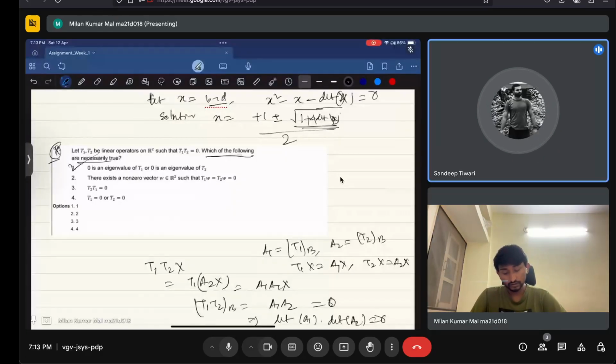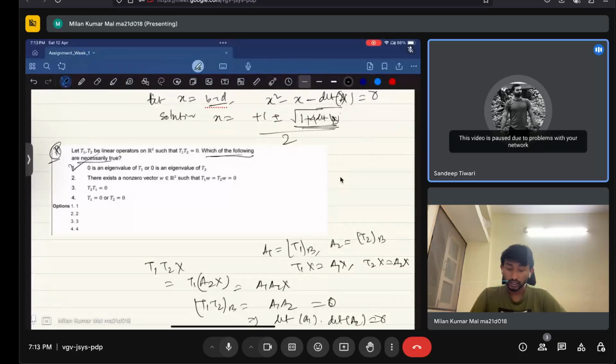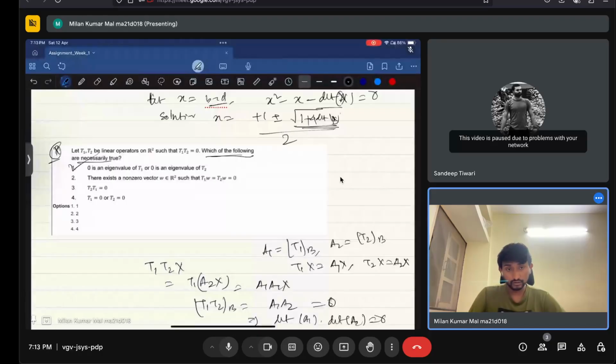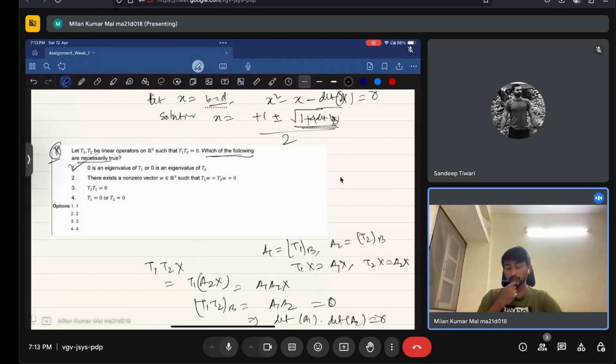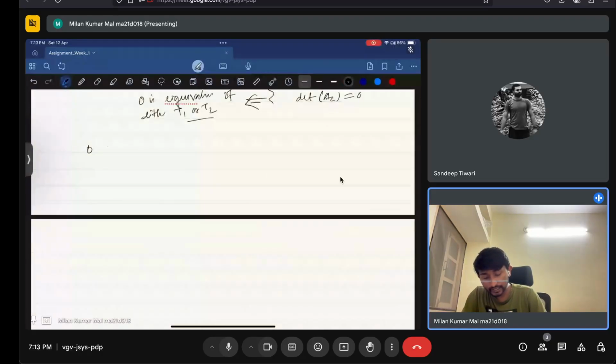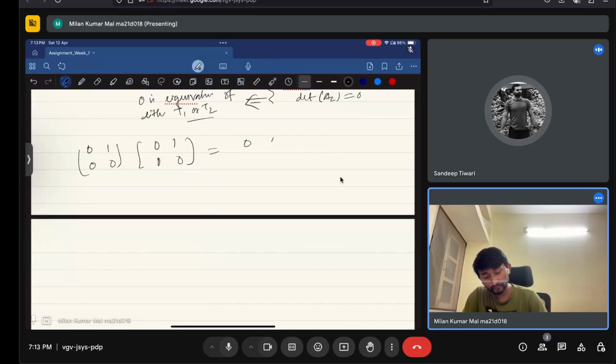Zero is an eigenvalue of both T1 and T2, but the same eigenvector also? Zero can be an eigenvalue of both of them. There is no problem. For example, if I take 1 0 that way, there exists a non-zero vector W such that T1 W equals T2 W. We know that this matrix multiplied with this matrix gives 0.